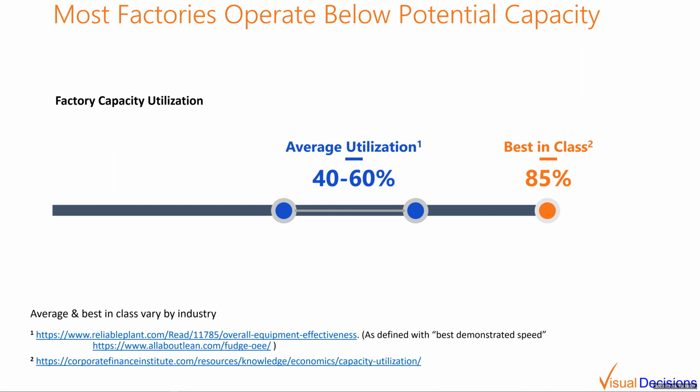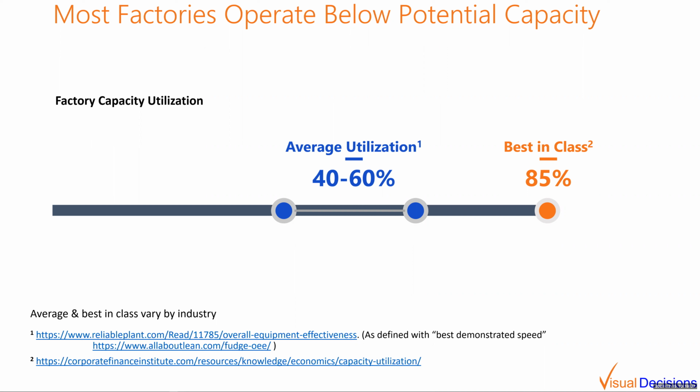Because best in class in many industries does vary by industry and so forth, but for many industries, best in class is around 85% OEE, overall equipment effectiveness. And for many companies, they're operating 40 to 60%, and some companies I've been to are significantly below that. So obviously, if you're losing that much capacity, you are running with more people than you have to.